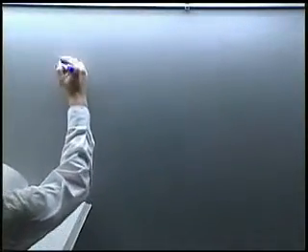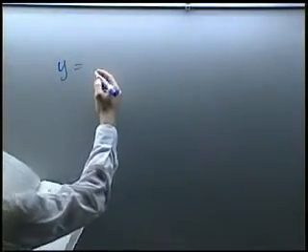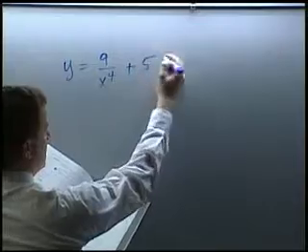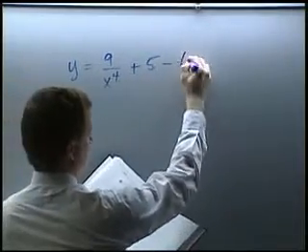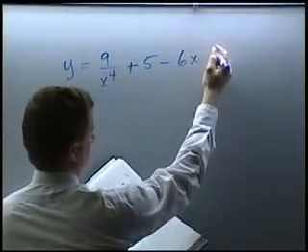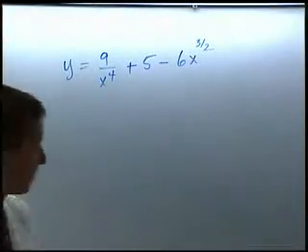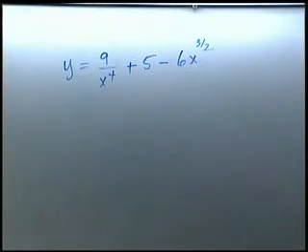All right, what if I do an example like this? 9 divided by x to the 4th plus 5 minus 6 x to the 3 halves.